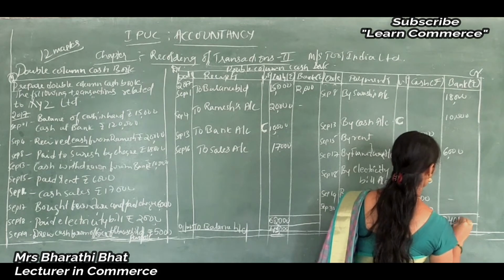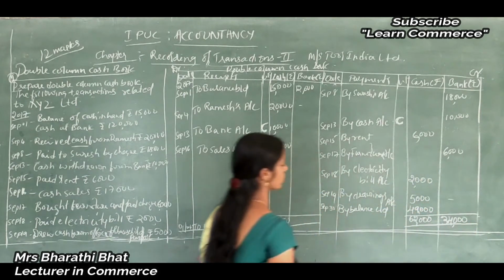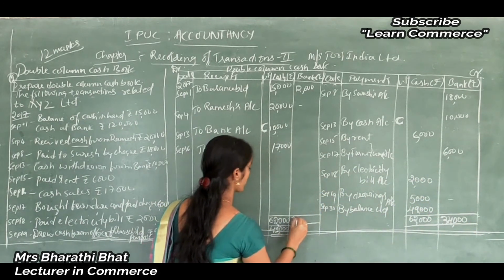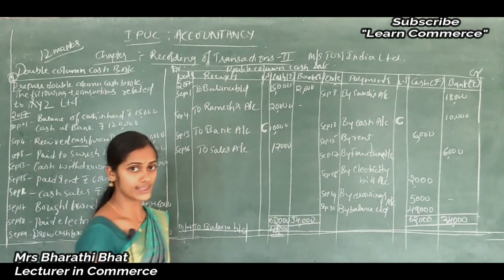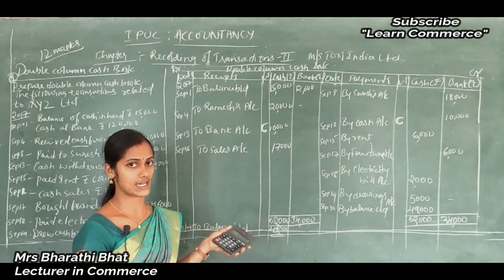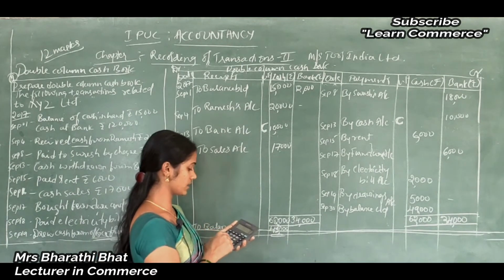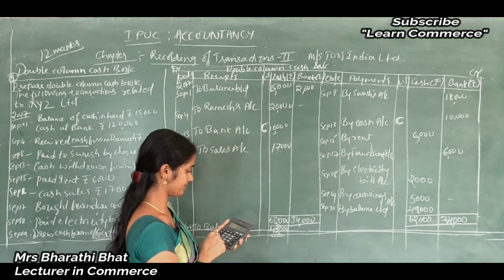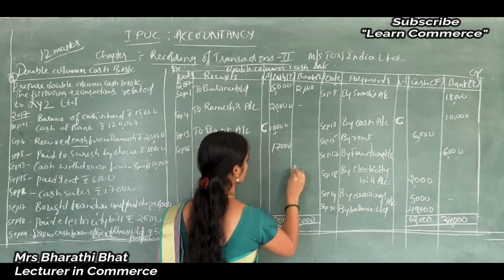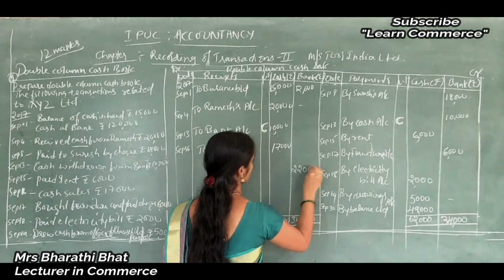So 34,000 shows the greater value, so 34,000 should be recorded under both sides. Now we need to deduct the lesser side value, 34,000 minus 12,000, 22,000. See, this side shows a lesser value.